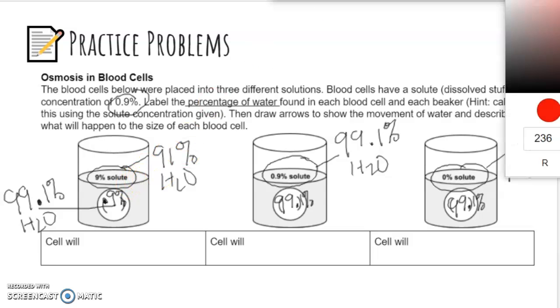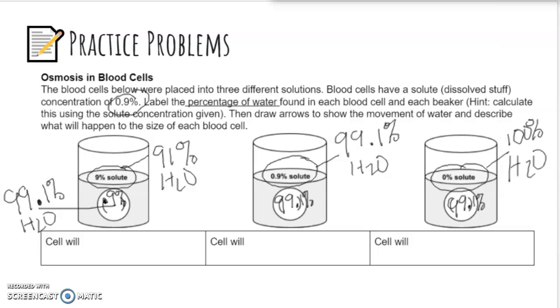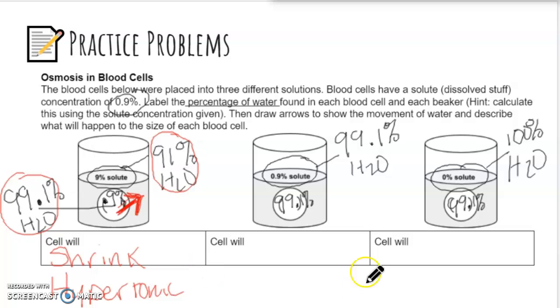Now let's figure out which way the water is going to flow in the beaker. All right, we have 91% and 99.1%. Because we know that water moves from an area of high concentration to an area of low concentration, water is going to flow out of the cell, and the cell is going to shrink because water is leaving it. And in this case right here, we have a hypertonic solution.